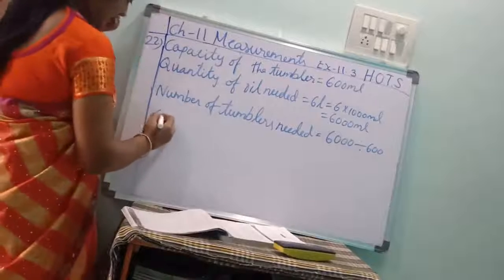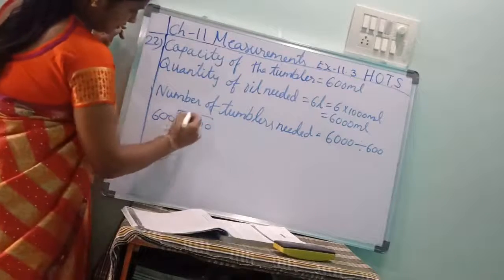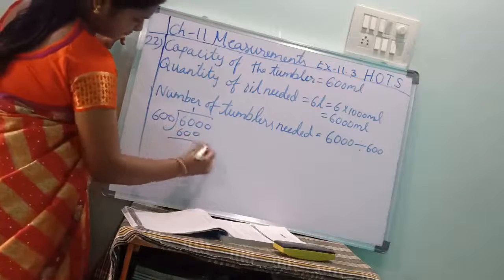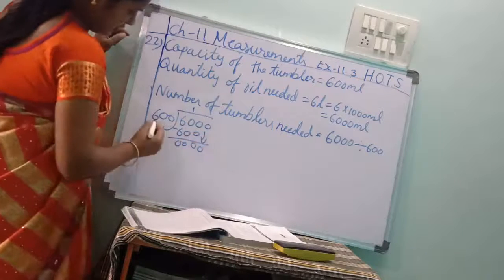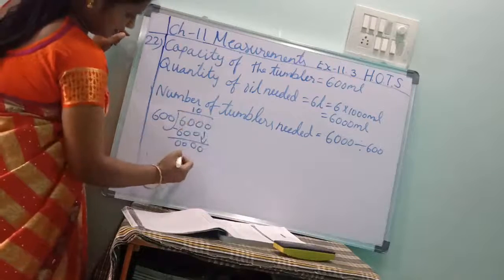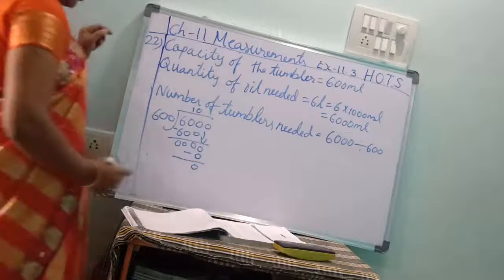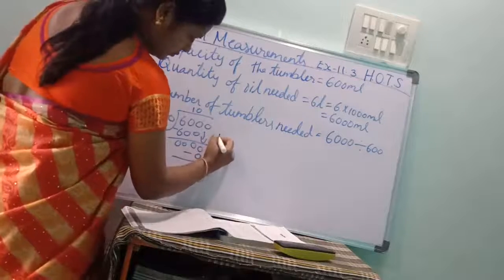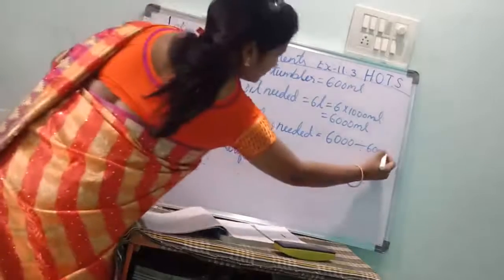See, 600 ones are 600. This 0 should take down. 600 zeros are 0. Understood? What is that? Ten. Therefore, equal to 10.